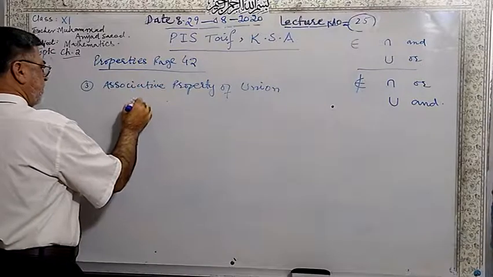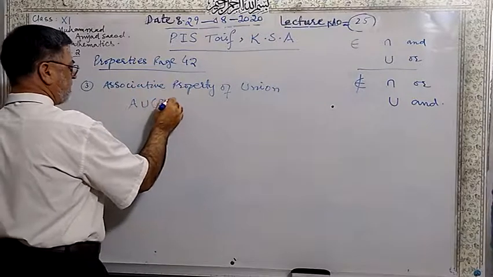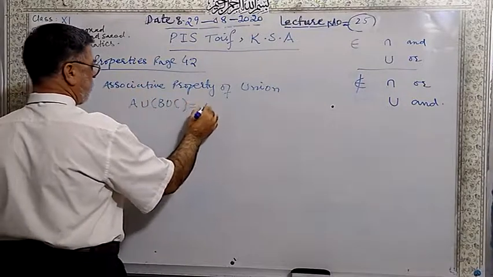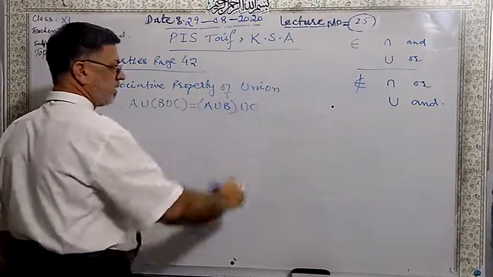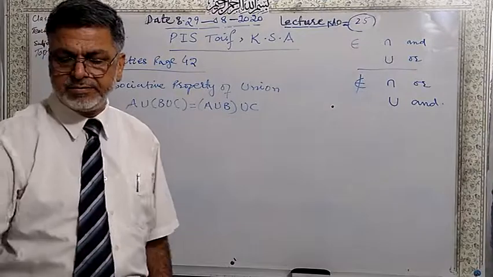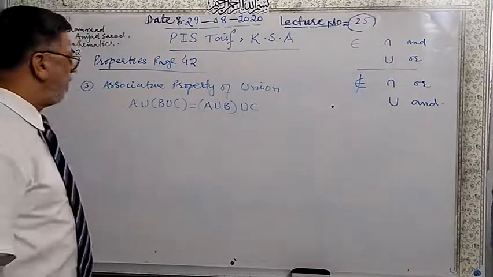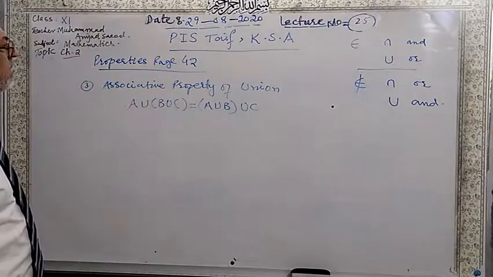Here is (A union B) union C is equal to A union (B union C).